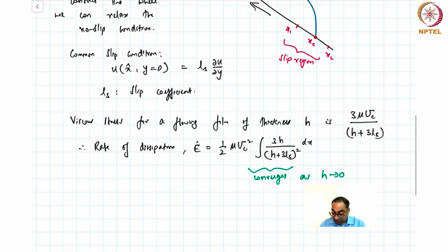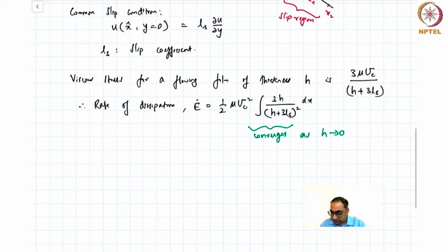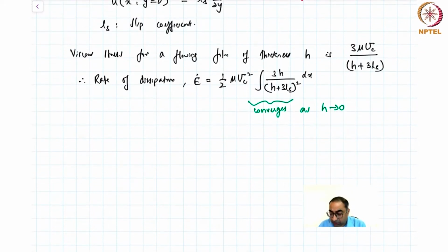Whereas in the slip model, you calculate the shear stress by relaxing the no slip condition. So they have some common features, but both these models take slightly different routes to address the same issue, which is the singularity at the contact line.